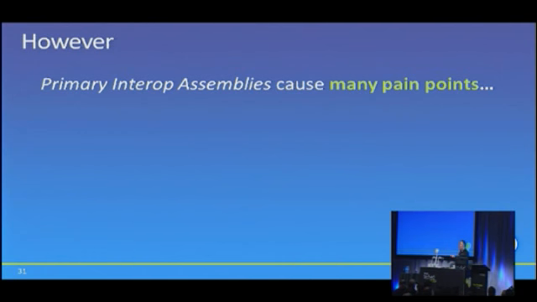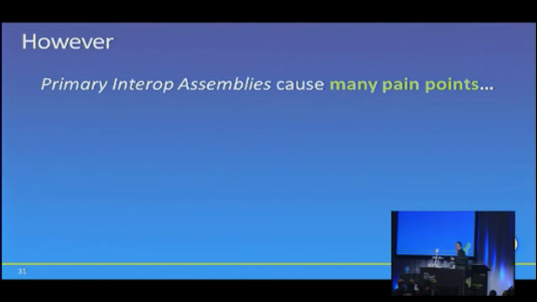Okay, there's one major pain point in that if you want to use Excel or you want to use Word and you want to use just one method out of that primary interop, you have to drag the whole interop with you, or maybe 2 or 3 interops because that relies on another interop which happens to rely on another one. So they all have to be in the bin directory, and suddenly your 50 kilobyte program has blown out to a massive 10 megabytes just because of this primary Office interop.